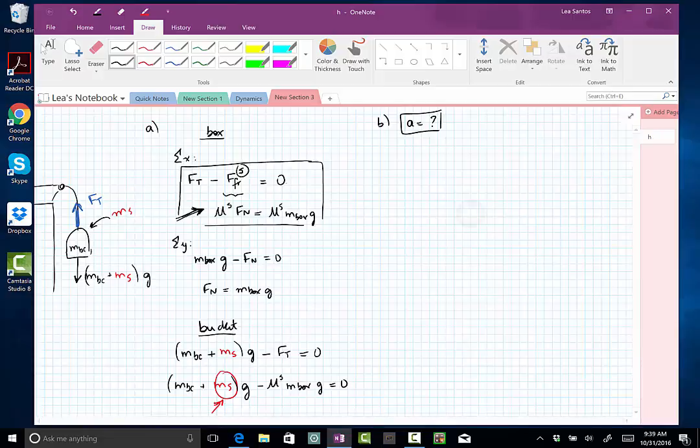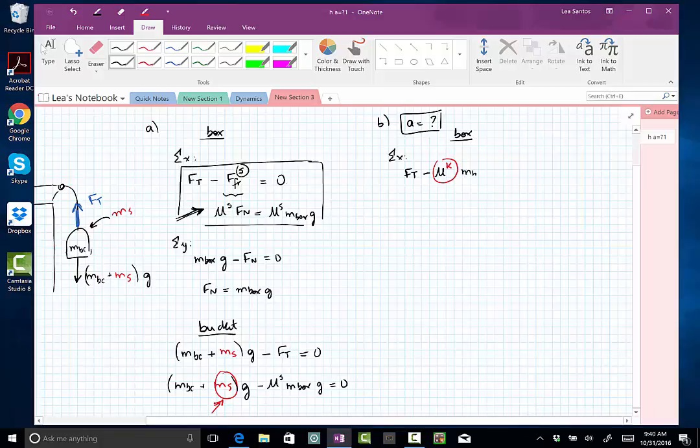So if we go for the box, the equation for the box, everything is very similar. What is going to change is that instead of 0, we'll have ma. So let's just write these equations. For the x direction, we have the tension force, minus the friction. We already know what is the friction, so I'm going to write it here. Mu, careful now, because now you have to put the one from kinetic friction, because we are moving, so this is the dangerous part, easy to make mistakes.